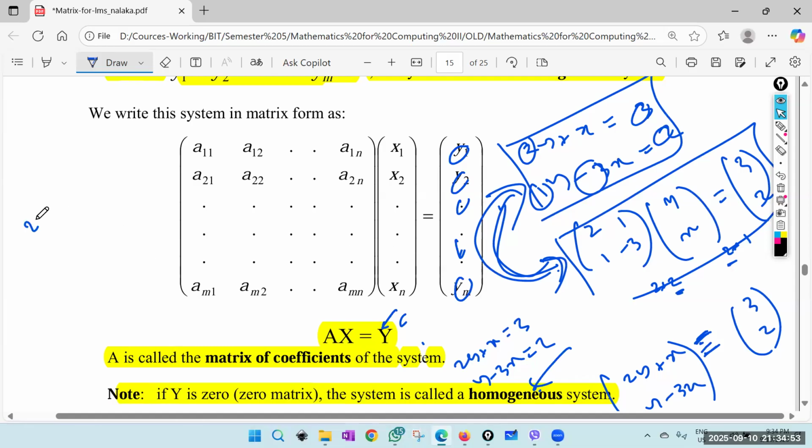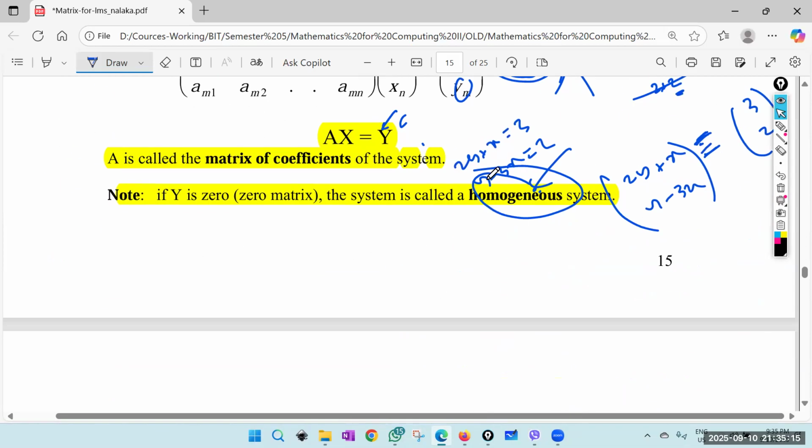For example, 2y plus x equals 0, x minus y equals 0. This is a homogeneous system because this matrix is a column matrix having all 0, or a 0 column matrix. Okay, so it's just a special case. But in general, these can have non-zero values.